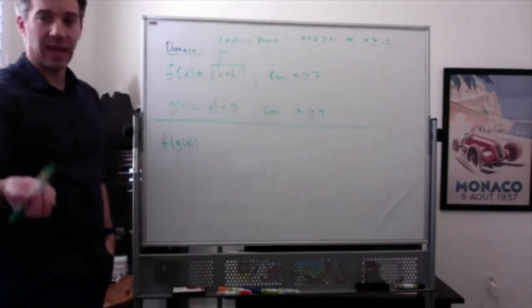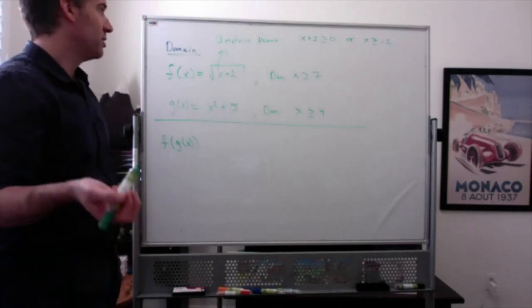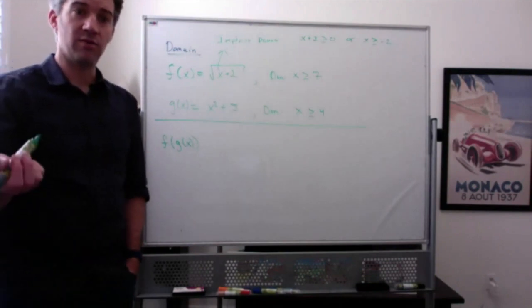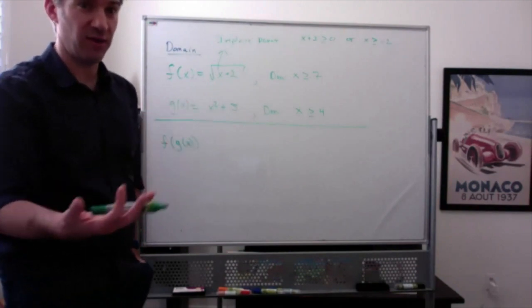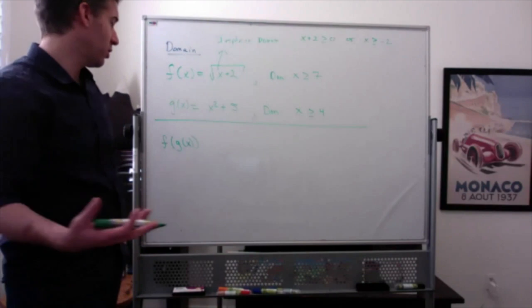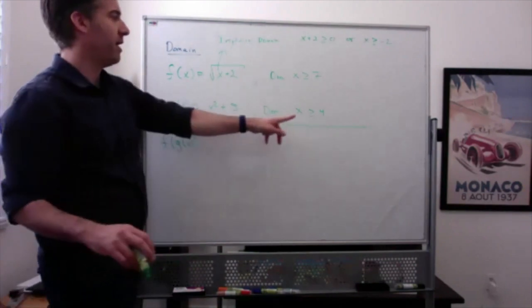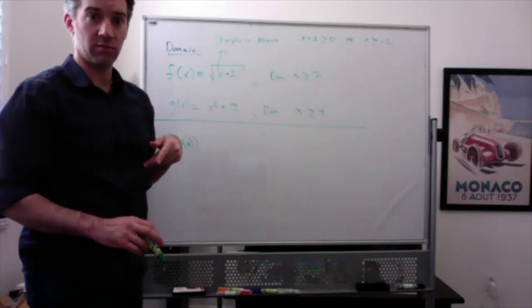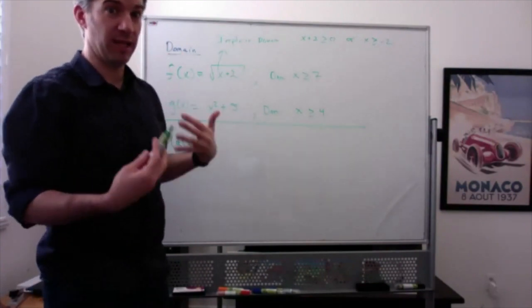And the thing I want to emphasize about the domain of a composition of functions is you always have to obey the domain of the inner function. Then there might also be some other stuff we have to look at, but for sure, since g of x is the inside function, we're going to have x is greater than or equal to 4. No doubt. We might also have other restrictions, but definitely that one.